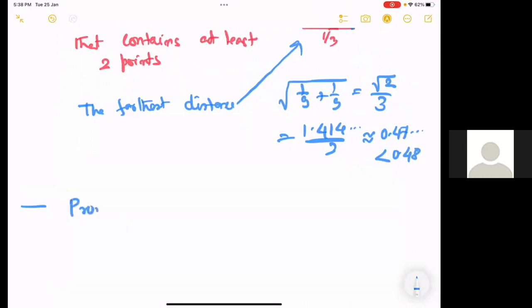So prove that in the same setting, you have a 1 unit box and you have to place 10 points in it.